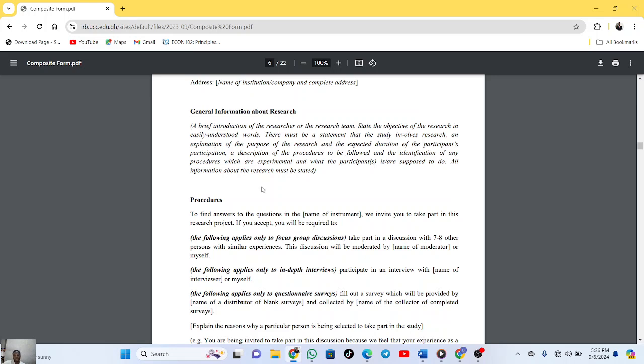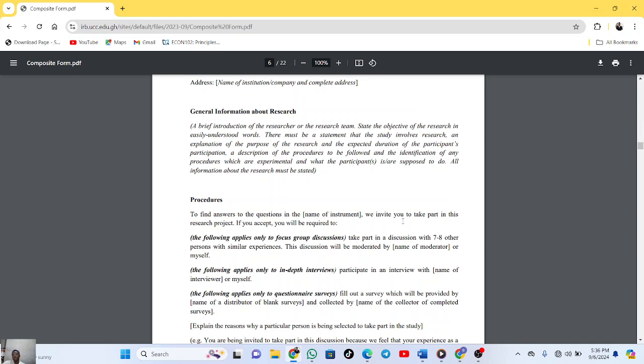These are instructions that will guide you on the kind of information that you are going to bring under general information about research. Then procedures. These instructions guide you on the information that you have to bring under procedures. For example, if you are using a questionnaire to collect your data, you start by saying to find answers to the questions in the questionnaire, or you mention the type of instrument that you are using.